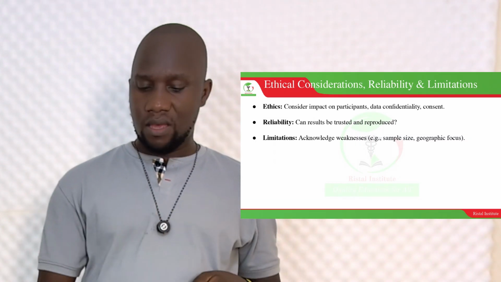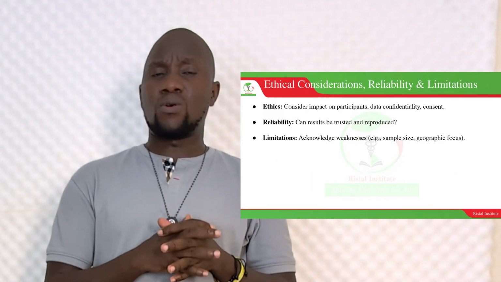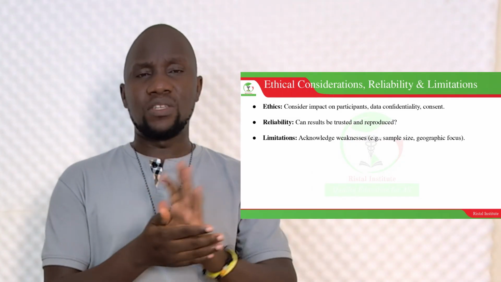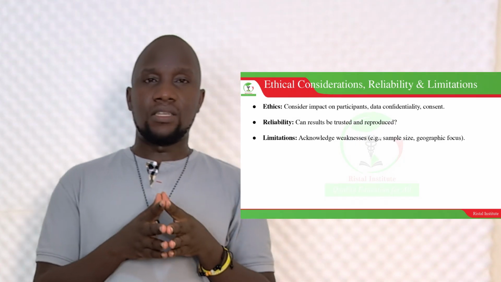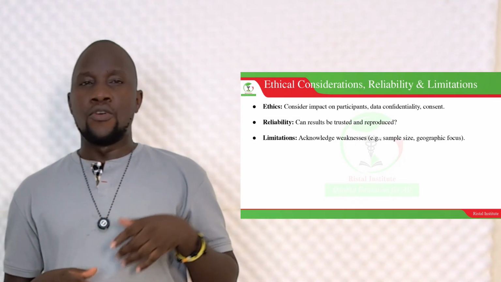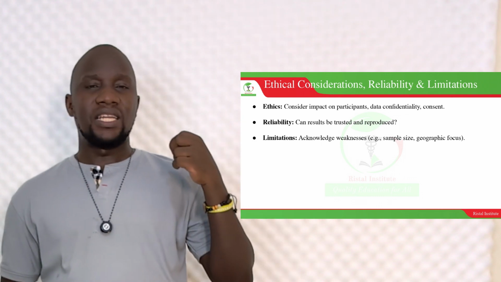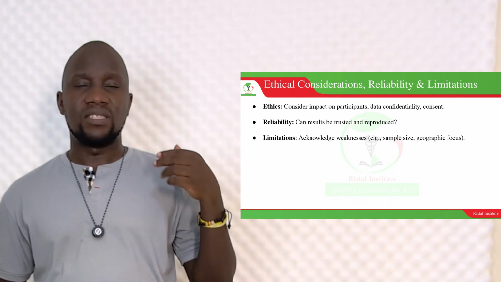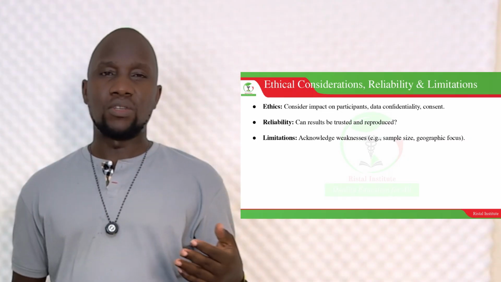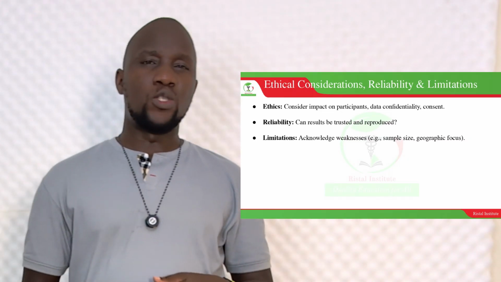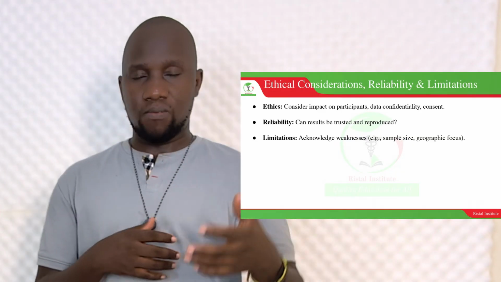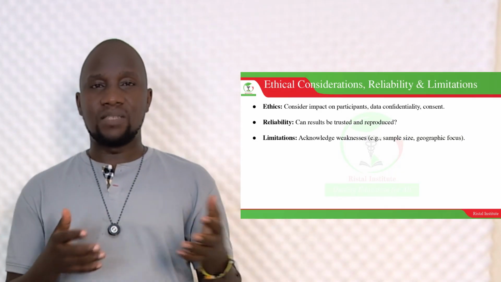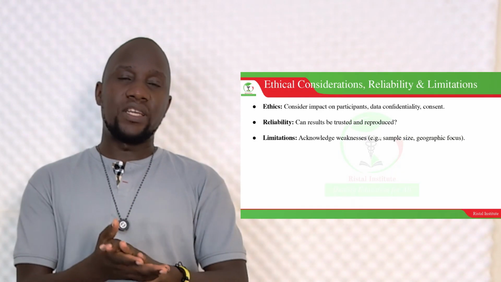Ethical considerations is one of the sections that you include in your research methodology chapter. How did you ensure confidentiality? How did you ensure privacy? How did you ensure that you did not harm people? What approvals did you get? What are the harms that you anticipated, and how did you address them?